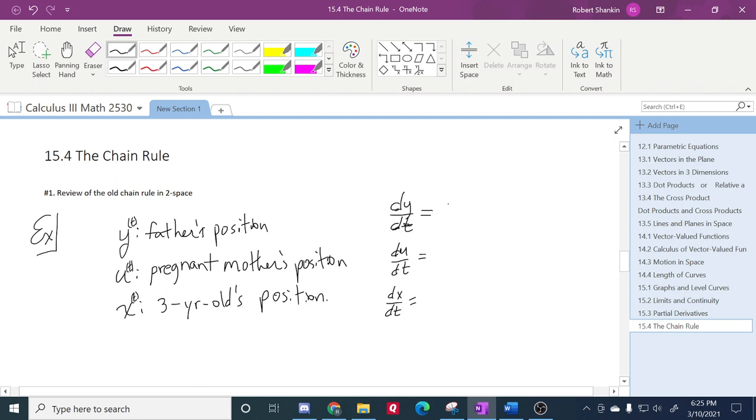And all of this is the father's speed, or velocity if you didn't take the absolute value. Well, let's just keep them all positive, so it's speed. So it's how fast the father's going. And then how fast the mother's going, how fast the 3-year-old son is going. That's what these things represent.